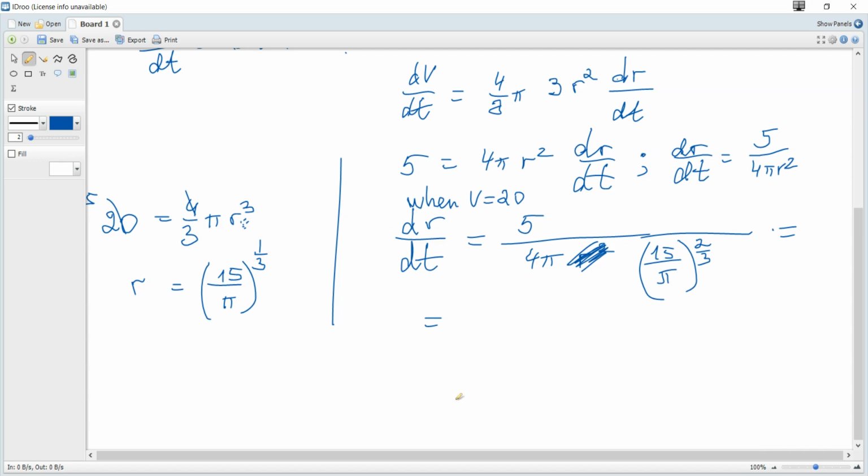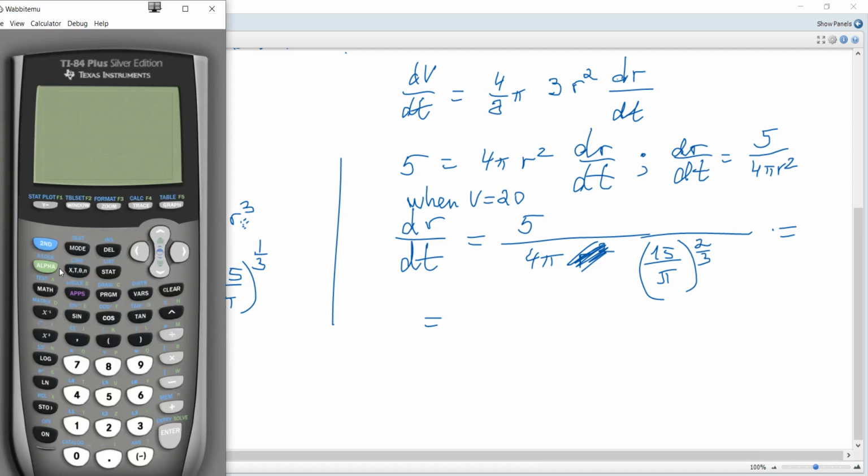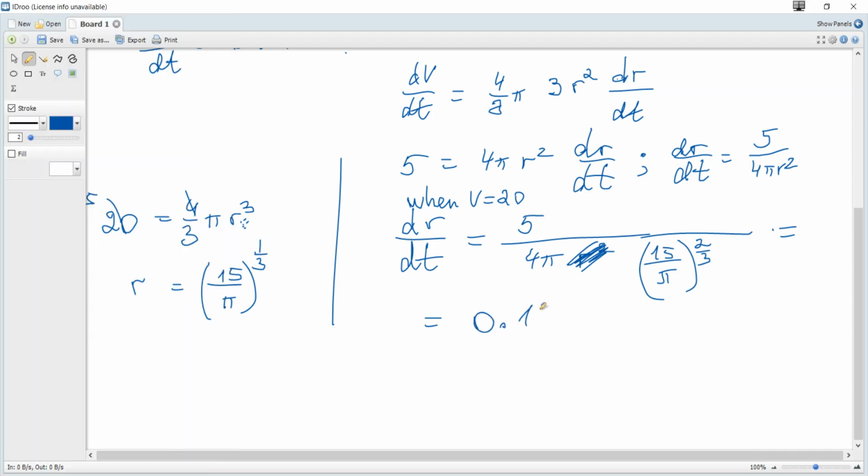And using a calculator, I calculate 15 over pi first, to the power 2/3, and then 5 divided by 4 divided by pi, and divided by the answer, and it becomes, yes, it's correct, 0.140.